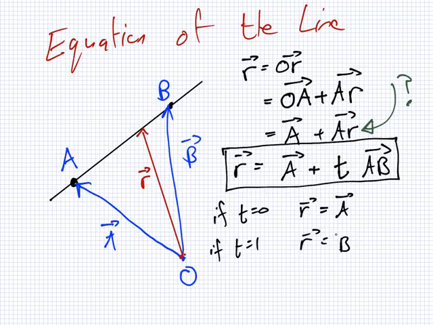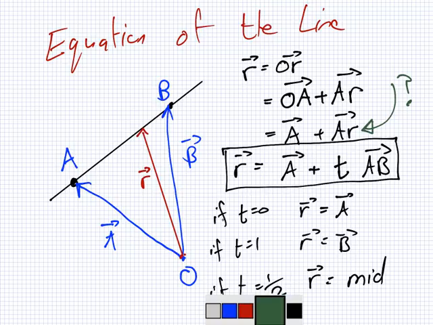And have another guess. Sorry, not 0, t equals a half. What would that give me? A plus half AB, which can be simplified into a half A plus a half B. Anyways, what it will give me is the middle point.